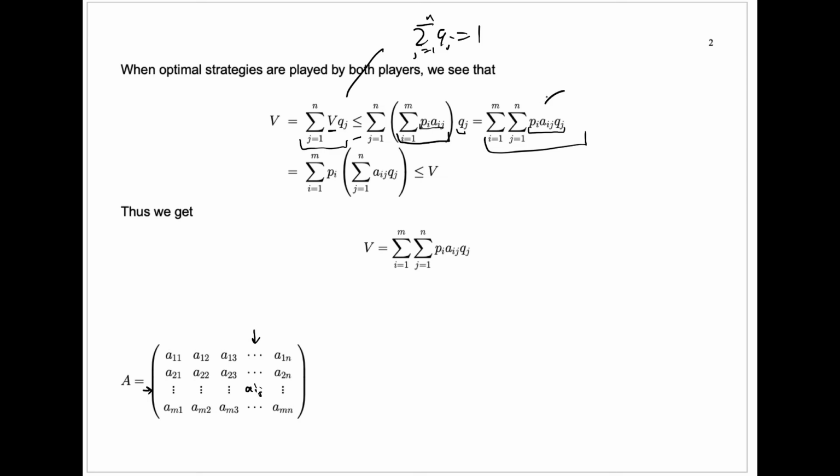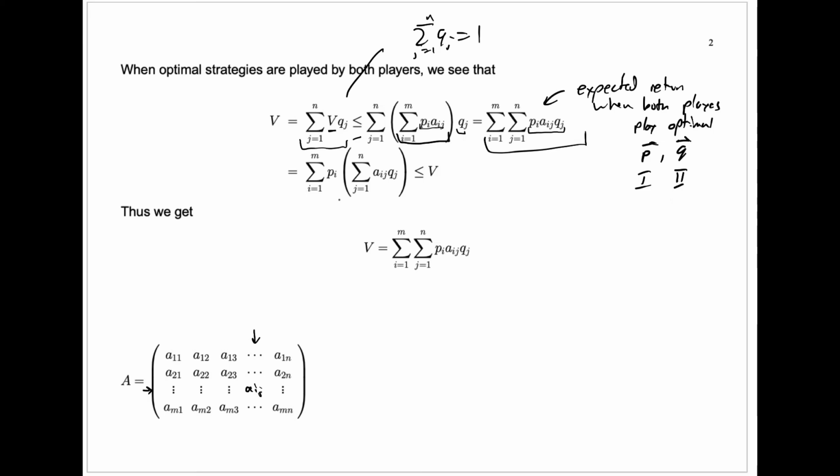So this is exactly the expected return when both players play the optimal strategies, the vector P for player 1 and the vector Q for player 2. This is adding up all m times n possibilities of what can happen with the appropriate probabilities.